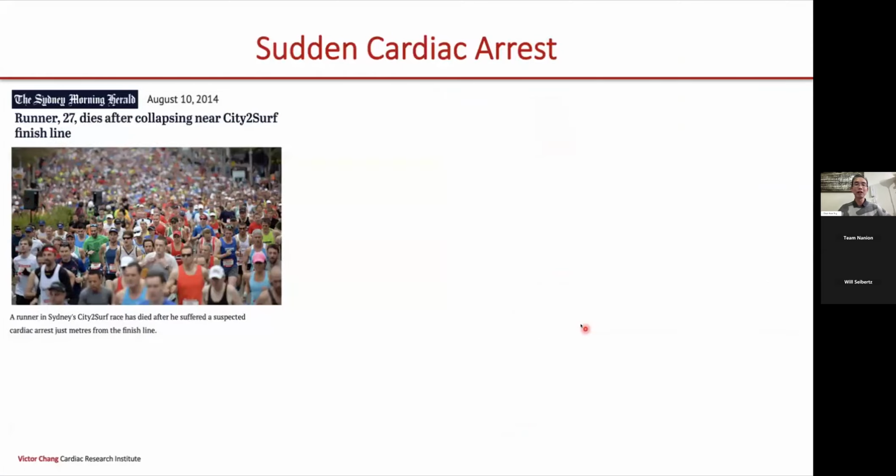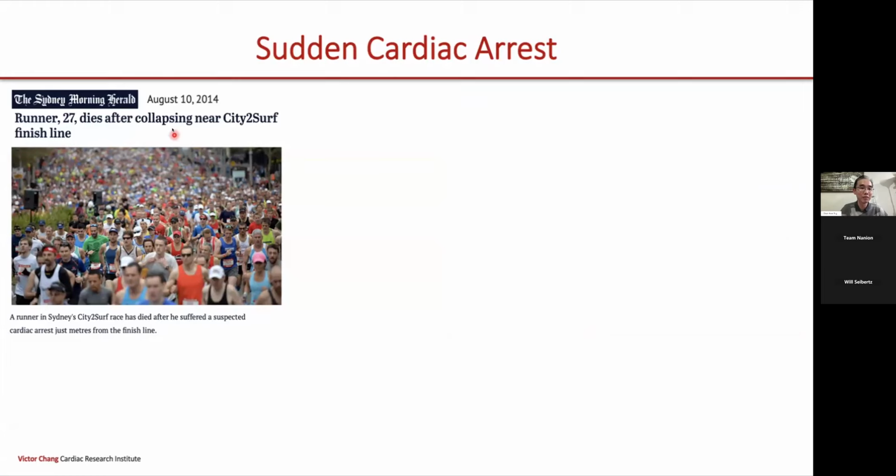The topic that I'll start off with is sudden cardiac arrest. Sometimes you will see in the news runners collapsing. For example, this one is from 2014, 11 years ago now.